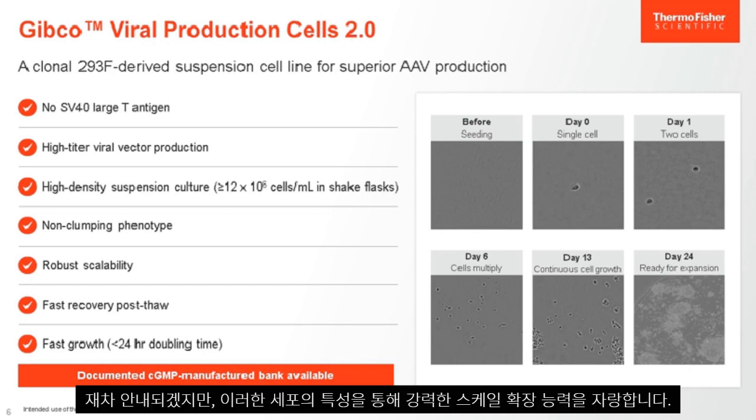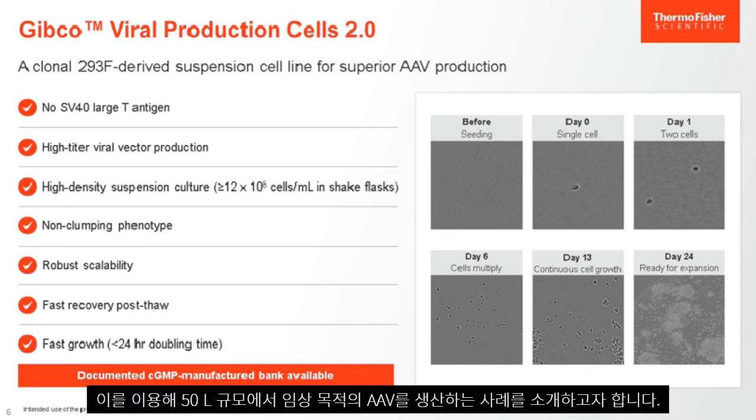As I will show later in the presentation, these cells have offered so far very robust scalability. And in the second part of this presentation, we'll be talking about a case study utilizing the VPC 2.0 cell line as part of the AAV-MAX system to generate a clinically relevant AAV at the 50-liter scale.